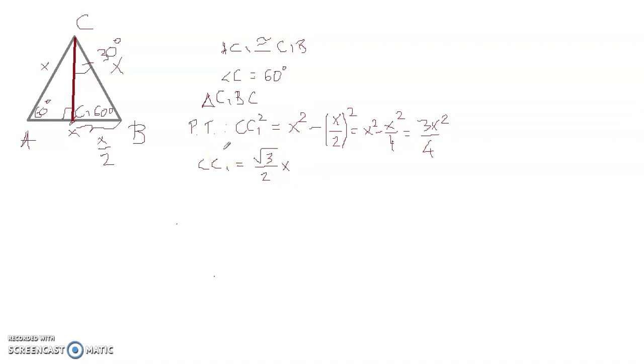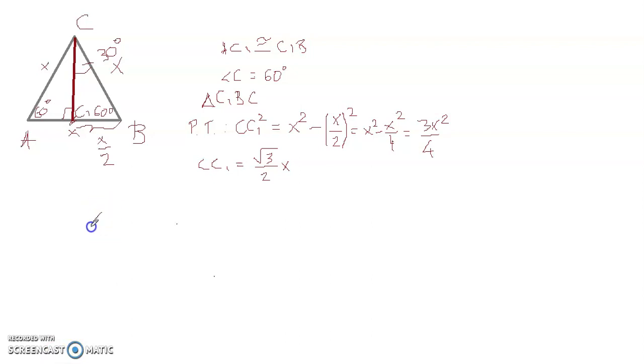Okay, so we know that in a right triangle with acute angles of 30 and 60 degrees, we have this relation. What does that tell us for sine and cosine in that triangle?